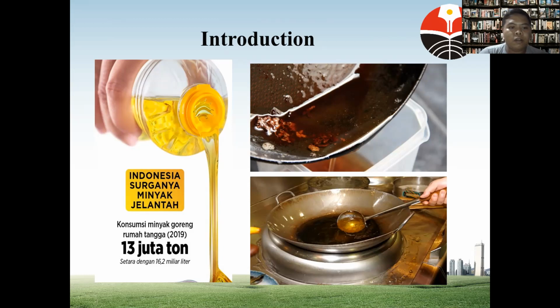This cooking oil is often referred to as used cooking oil, and with repeated use the color becomes dark and dangerous. The continuous consumption of used cooking oil by humans can cause various diseases, including cancer, can reduce the intelligence of the next generations, and cause deposition of fats in blood vessels.